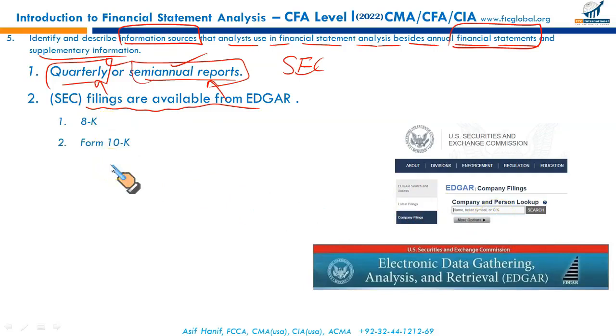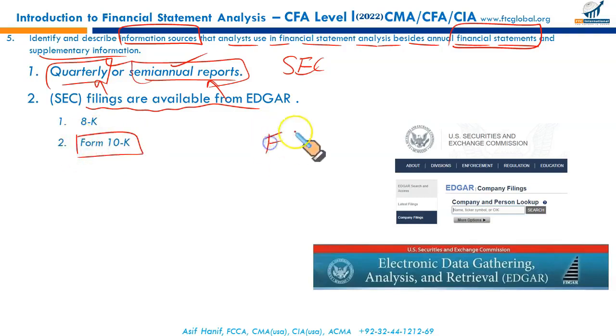Form 10K. This is also an additional document available which I as an analyst can use to access certain information. Form 10K basically is similar to the financial statements that have been submitted to the SEC. Then why do we have to submit it separately? Under the law, it's required. It's not a substitute.